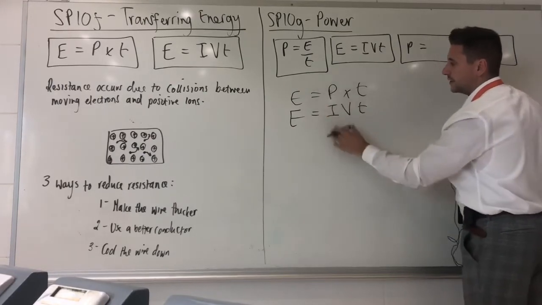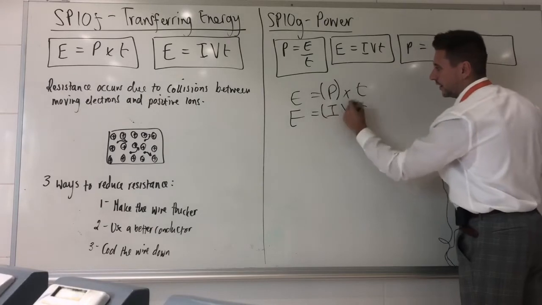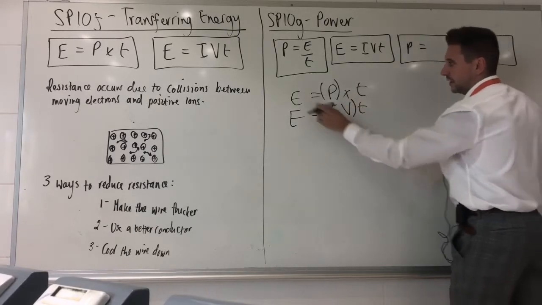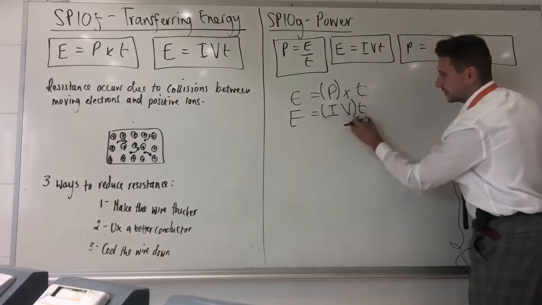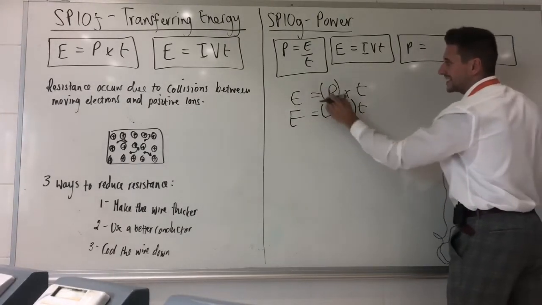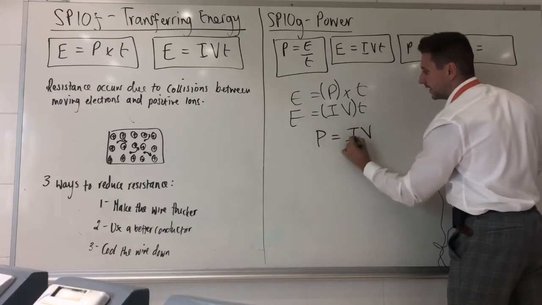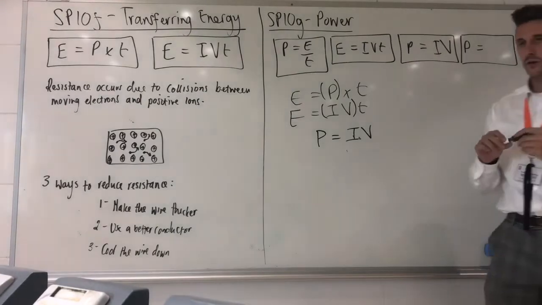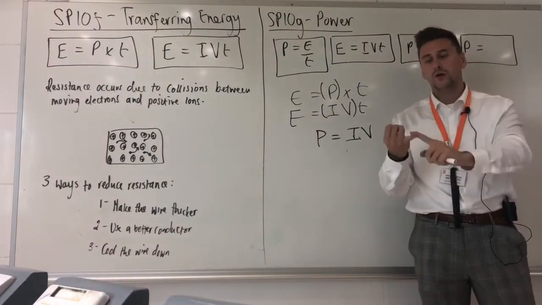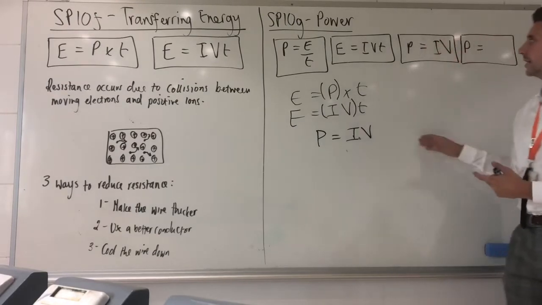So basically the only difference between these is the P, power, in this one and the IV in this one. They must be exactly the same. So that means P is equal to I times V, which is this new equation here. So another equation for electrical power, current times by the voltage. Okay, so you may be required to do that.